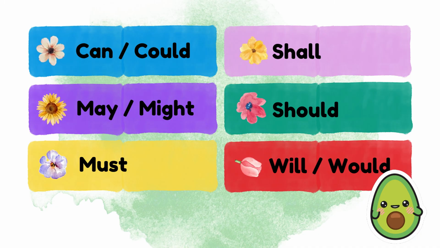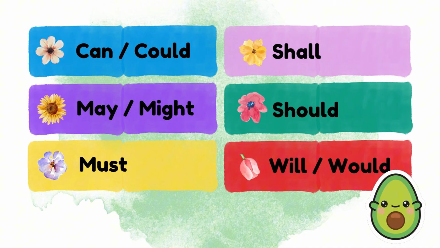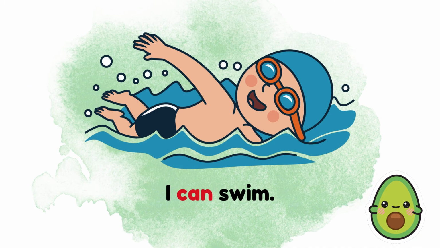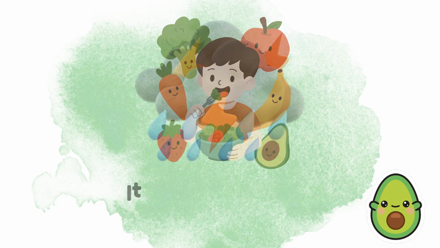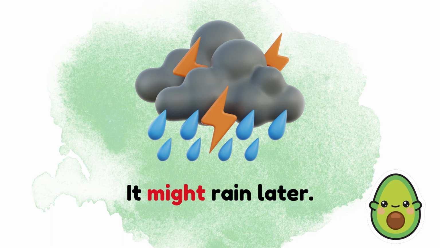Let me give you a few examples so you see what I mean. I can swim. You should eat your vegetables. It might rain later. See, each one has a little helper before the main verb.